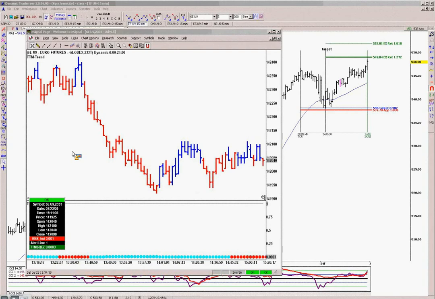So sometimes it really sucks. You'll be in a good trade and you use a trailing stop and it stops you out, and then it goes in your favor. That does happen. You can do one of two things. You can change your plan to use a wider stop, or you can just live with it and wait for the next setup.